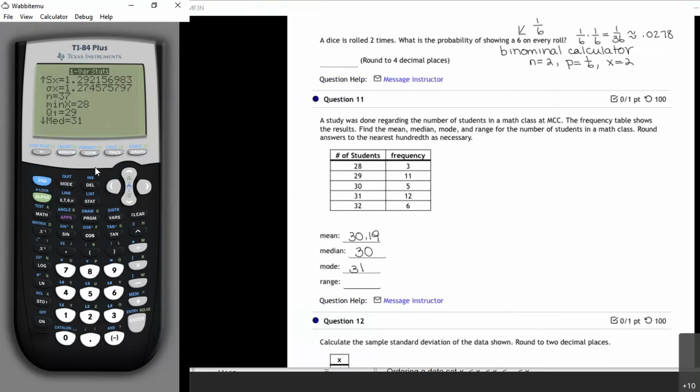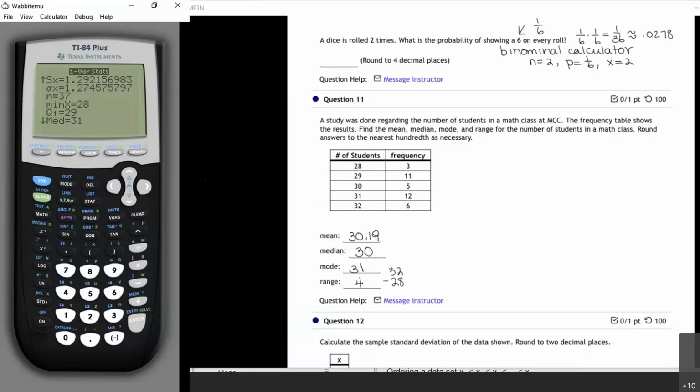This is telling me the median's 31. I hope I typed everything in right. The range is the difference between your high and your low scores, so this is 28 from 32, so this would be 4.